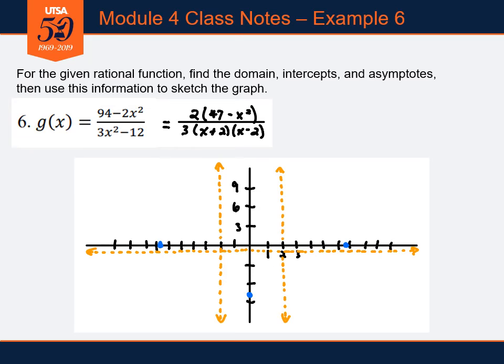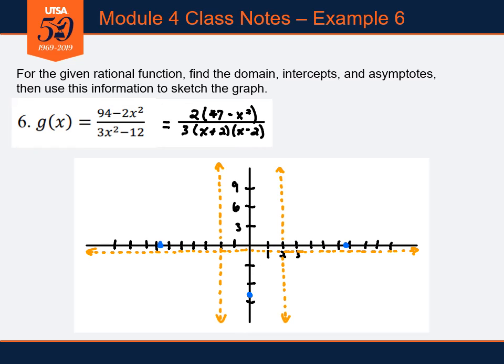All right, here's what we've got so far. Now let's find some additional points and see how things shape up. Actually, if I was a betting man, I would probably go ahead and fill in the information here because I know from these points we're going to approach the asymptotes.